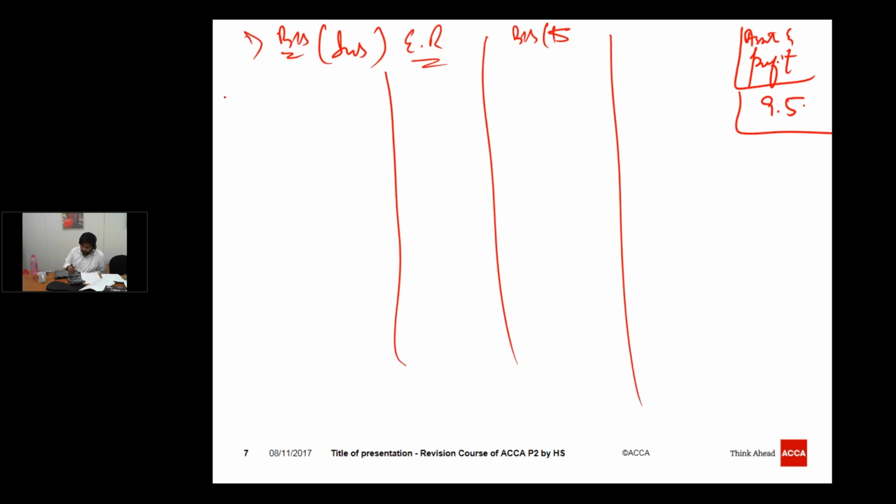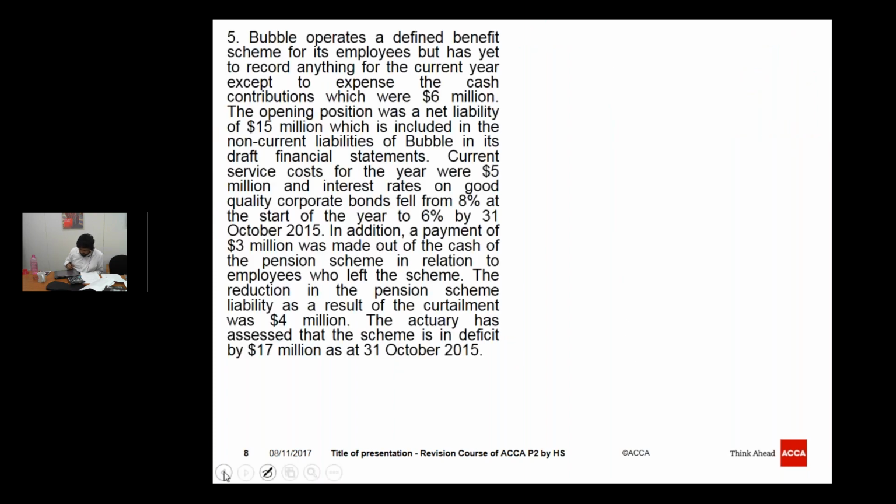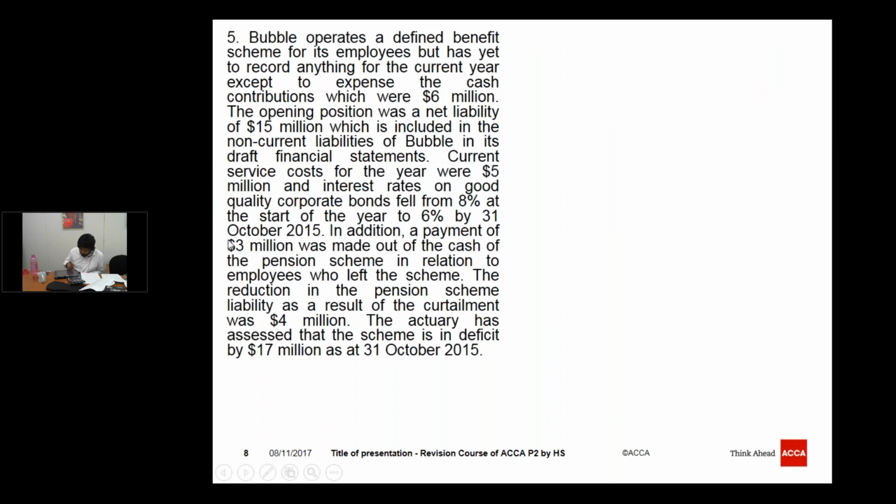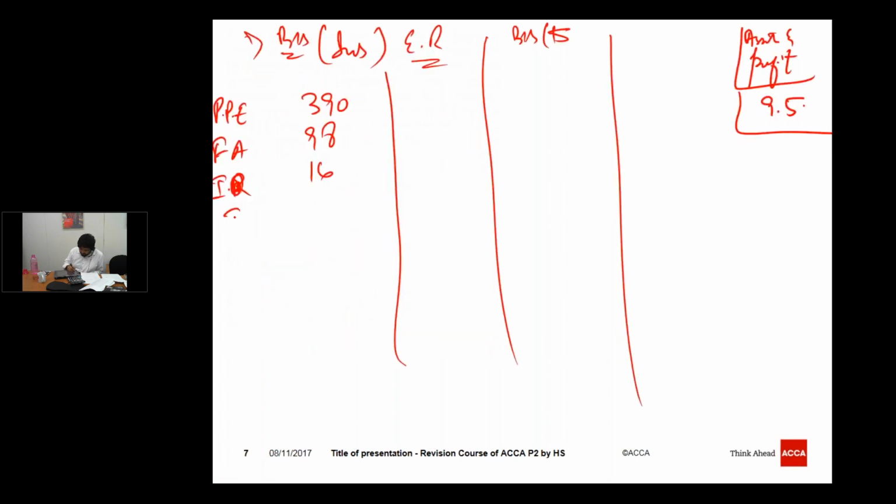So starting from one of the non-current assets, that is property, plant and equipment of Tesla, you can see the value is 390. Then we have financial assets, that is 98. Then we have inventories, 16. Trade receivables is 36.